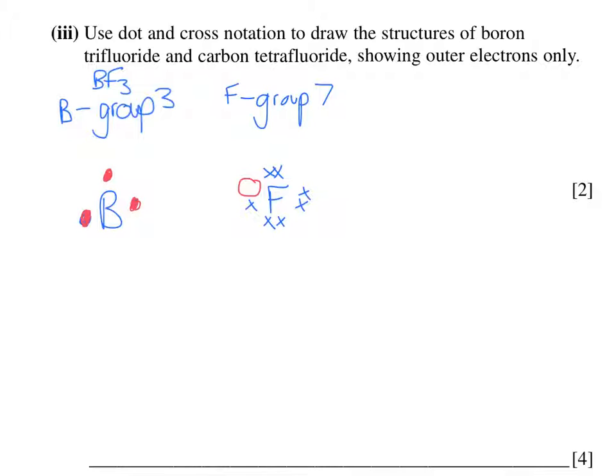And so what we then produce is boron as our central atom. Let's take the top electron first. We'll then share it with a fluorine. But we need to draw all the other electrons around fluorine.